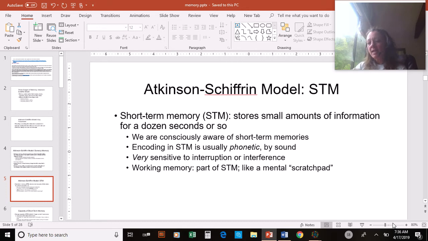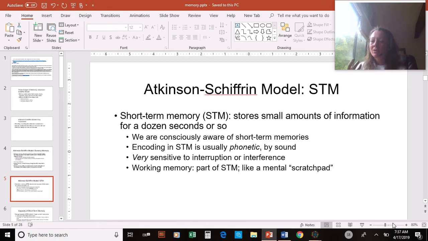It hangs out there, and then information that turns out to be meaningful goes on to the next stage, long-term memory, and what's not meaningful gets kicked back out. How that information is turned into something useful at this stage in short-term memory is by phonetic encoding, so it's usually sound.